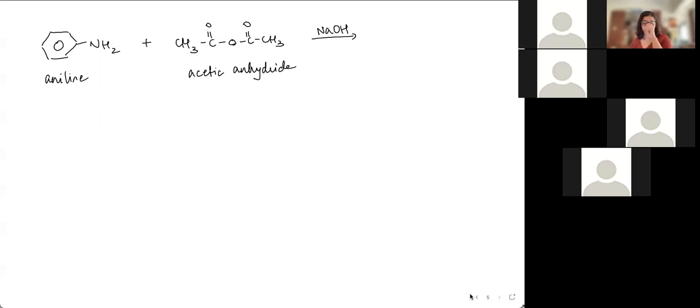If you want the mechanism displayed, let me know and I'll go to the previous page. Otherwise, just give me the product. If you're typing in chat, you can shorten phenyl to Ph, capital P small h, as a shorthand for the phenyl ring.